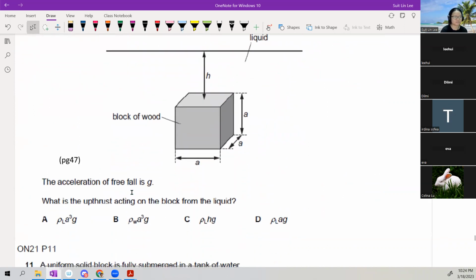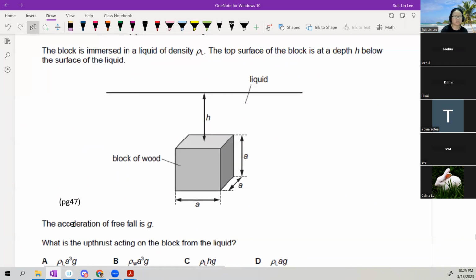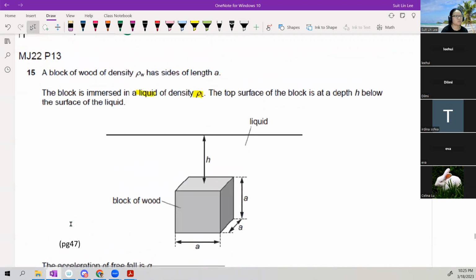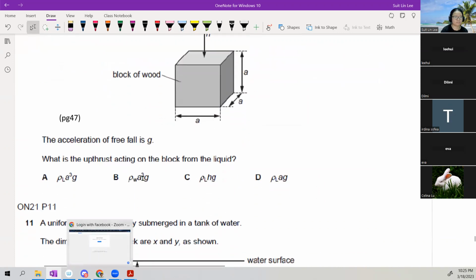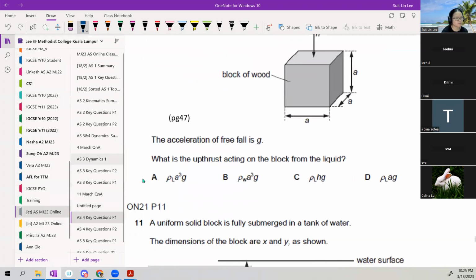Okay, here's a slightly different one. This one, you're asked to derive the upthrust acting on the block from the liquid. But in terms of density, you have density of the block of wood, I think, and the liquid. So liquid is rho L, and the block is rho W. But whenever we look at upthrust, maybe I'll write it in the notes here.